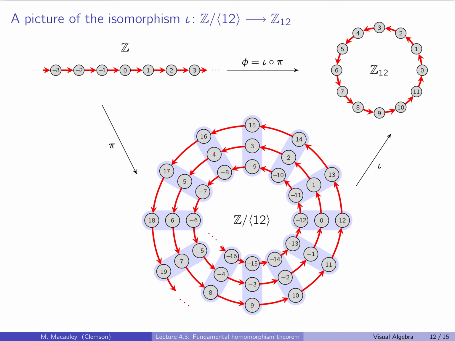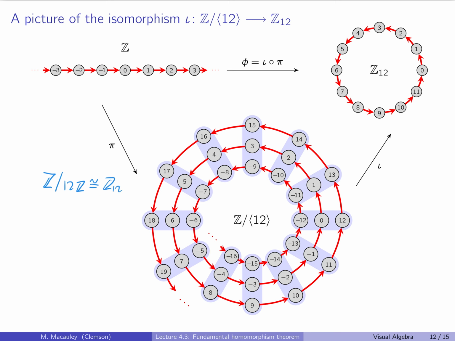As promised, here is a picture of the fundamental homomorphism theorem being used to show that the integers mod 12Z, that is the multiples of 12, is isomorphic to Z12.